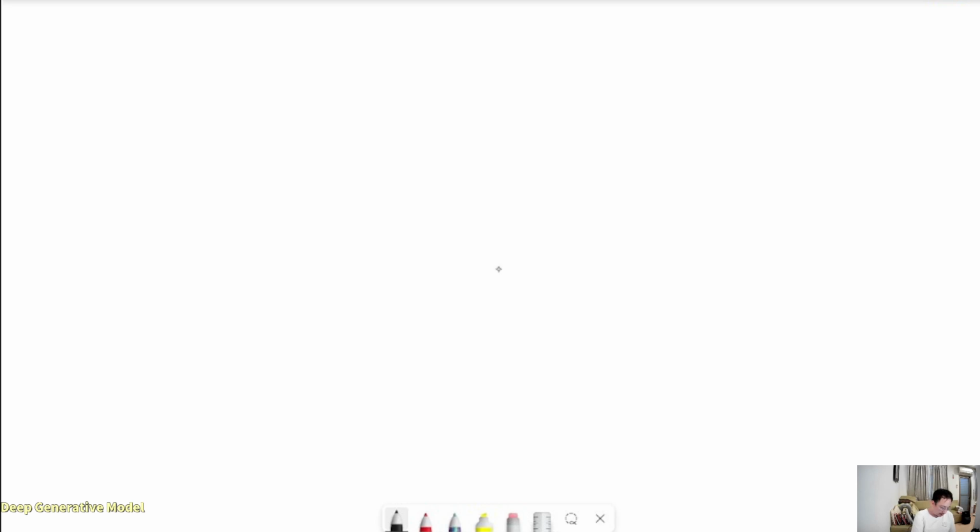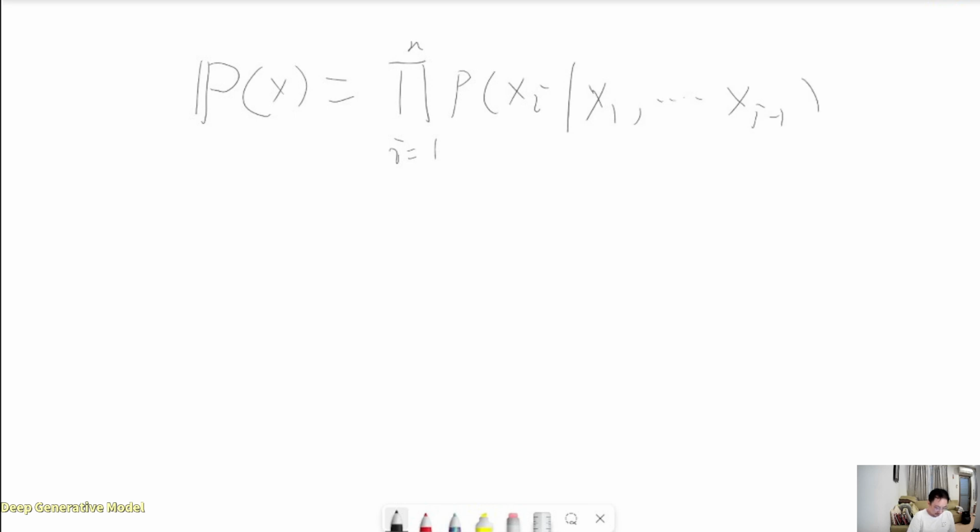Let me write it down. P(x) is equal to the product from i equals 1 to n of p(x_i | x_1 to x_{i-1}). So this looks very complicated.